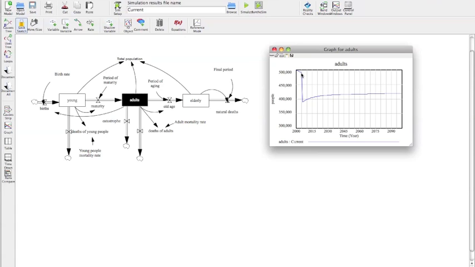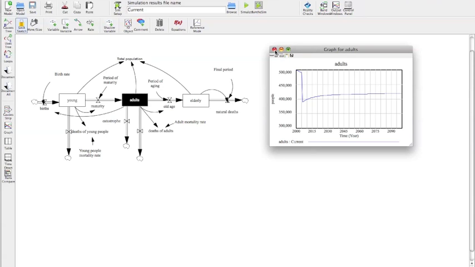That probably means that a lot of them are becoming old. But then all of a sudden the population takes a dip. It loses 100,000, and then after that it starts recovering over time, and it plateaus at a little bit over 400,000. That's the adults.